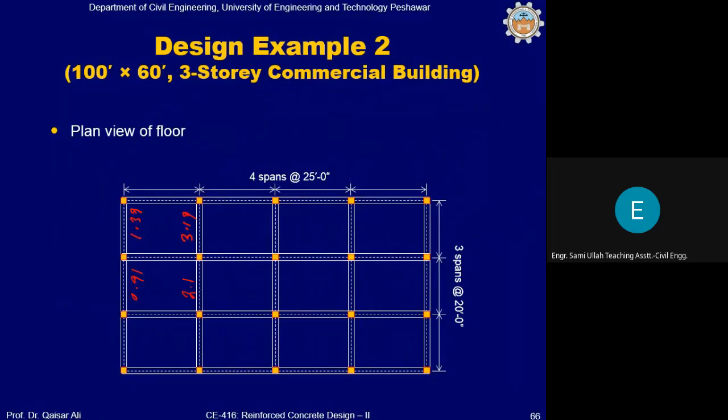As for the rest, you know these both spans are similar, so this is 1.39 again. These two spans are similar. This is 3.19. Okay. This is B4. This is B3. So now B3 and B4.